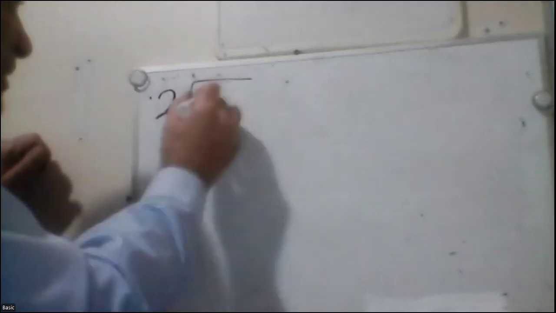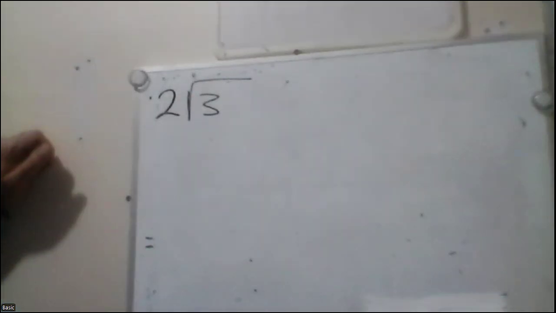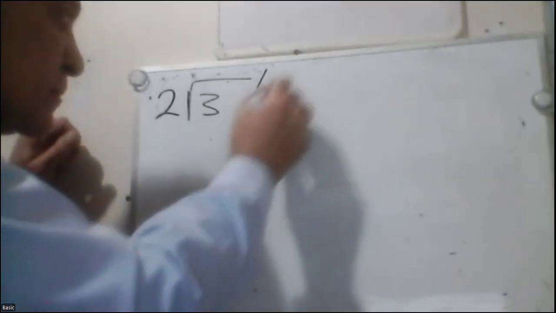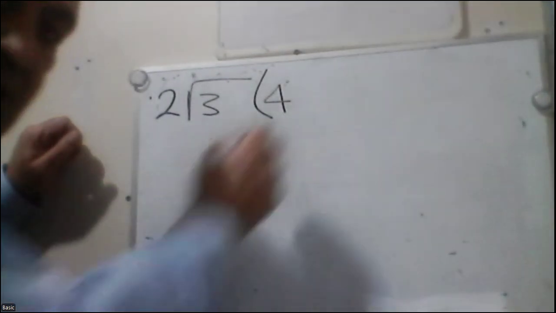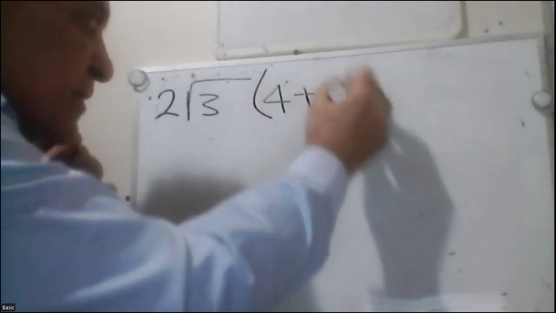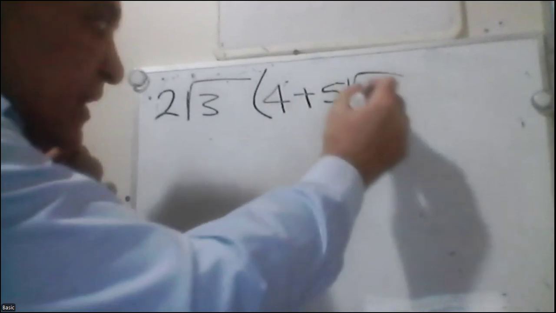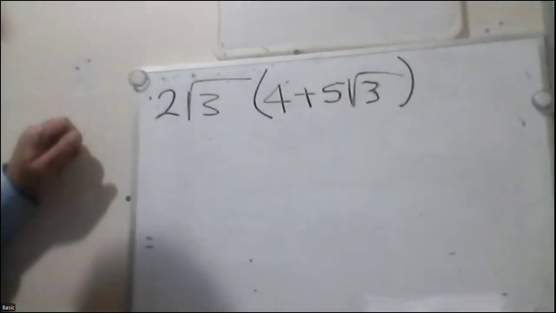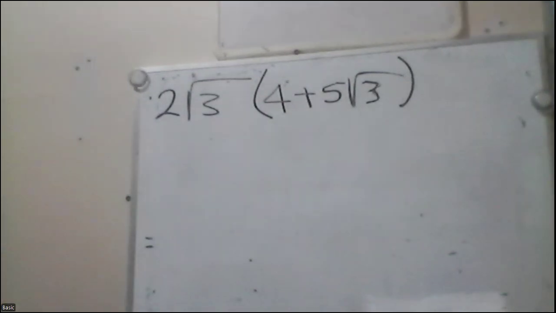So if I say here now, 2 root 3 multiplied by 4 plus 5 root 3.